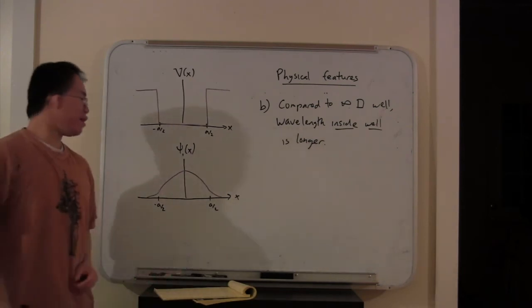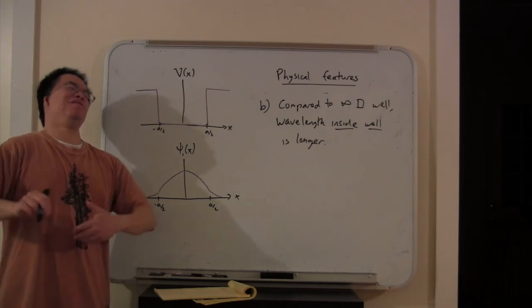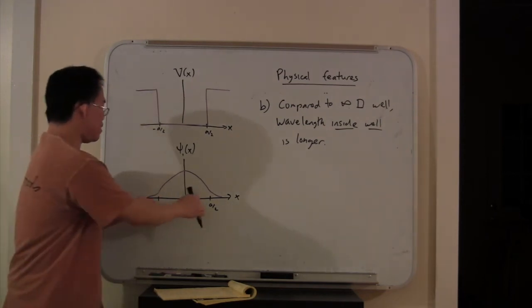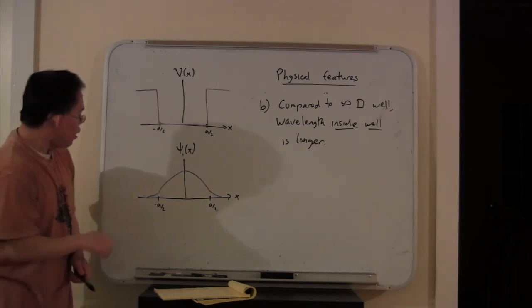Again, the caveat that these aren't infinitely periodic functions, so the wavelength is strictly speaking not well defined, but we can think about the wavelength inside the well, and it's longer, right?